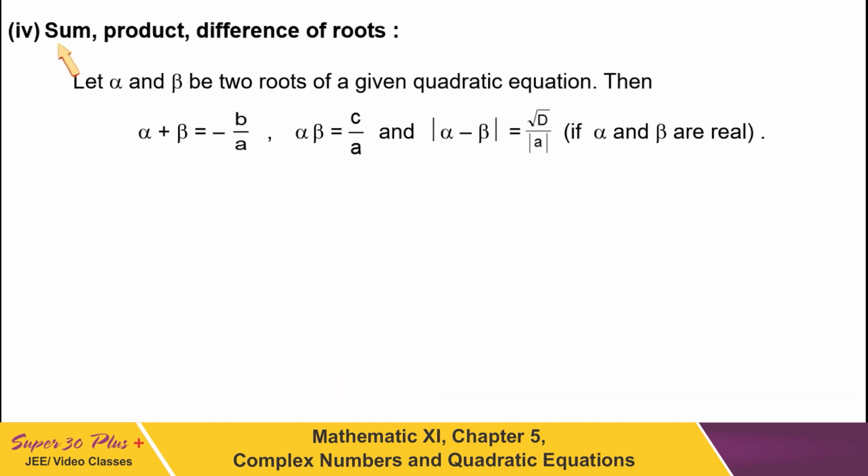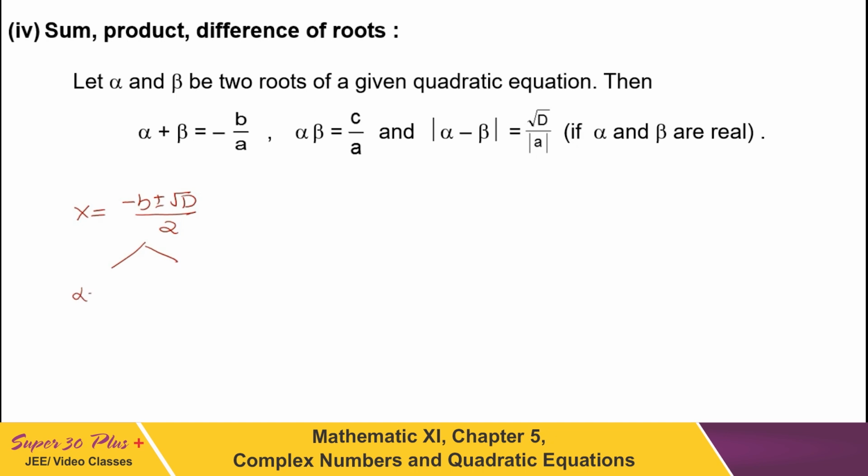Students, what are the sum, product and difference of our roots? As we know, roots are obtained by the quadratic formula, minus b plus minus root d upon 2a. One root is alpha and the other root is beta.